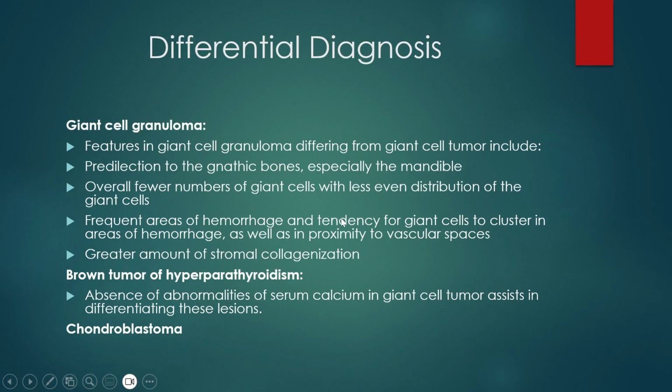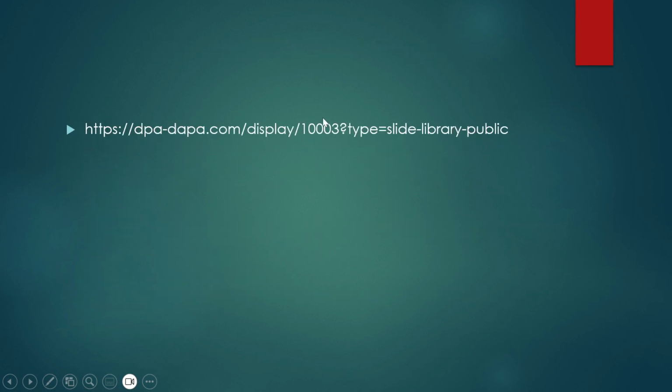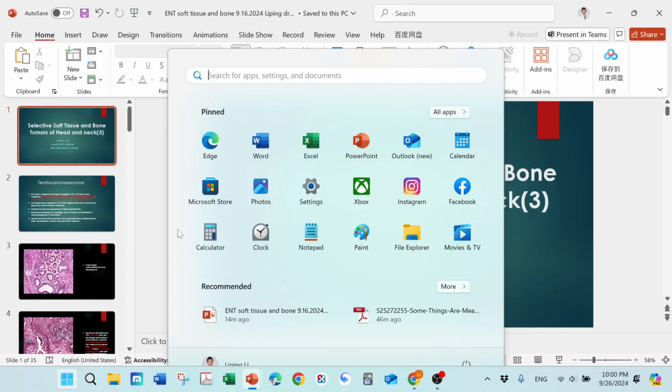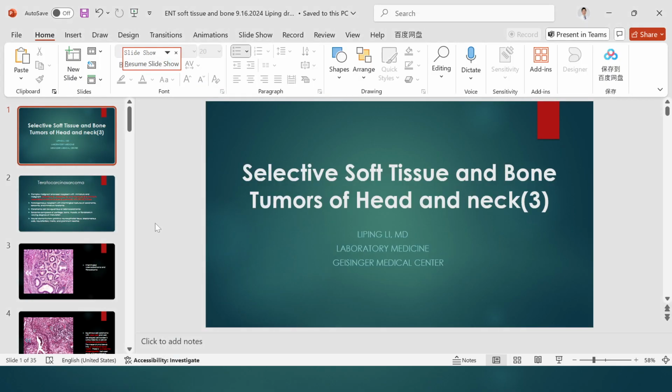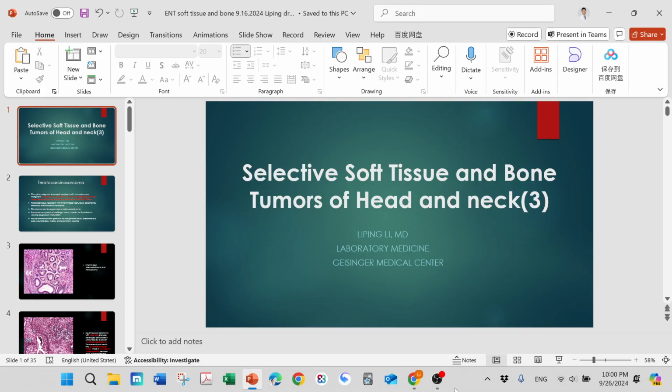So let's see some images. Okay, so this is giant cell tumor.